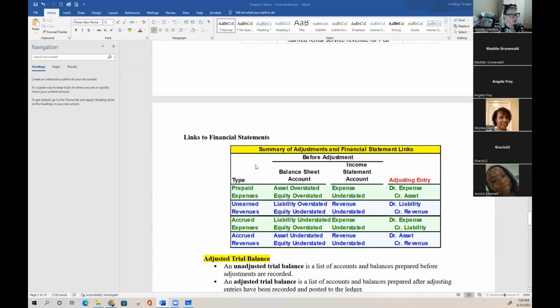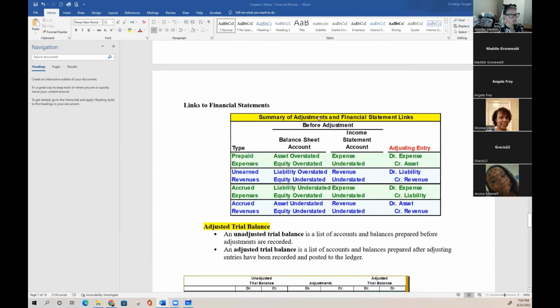All right, so this here is a little cheat sheet that helps you understand what happens if an adjustment is not made. If you have a prepaid expense and you don't make the adjustment, you'll have too much of your assets on your balance sheet, so it's overstated.